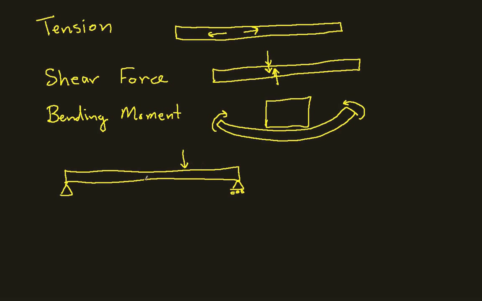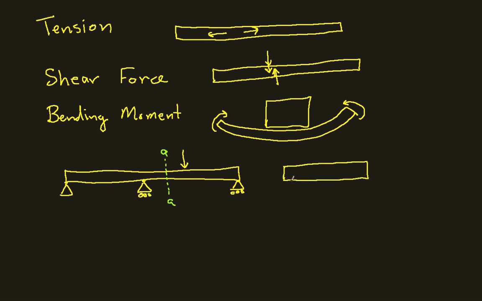I might have another support here. I can have all sorts of different loading, but the idea is we take the beam, and at some point where we want to understand these internal forces, we make a cross-section through the beam. So in this case, I'll call it cross-section AA, and we split the beam into two components, at least conceptually.